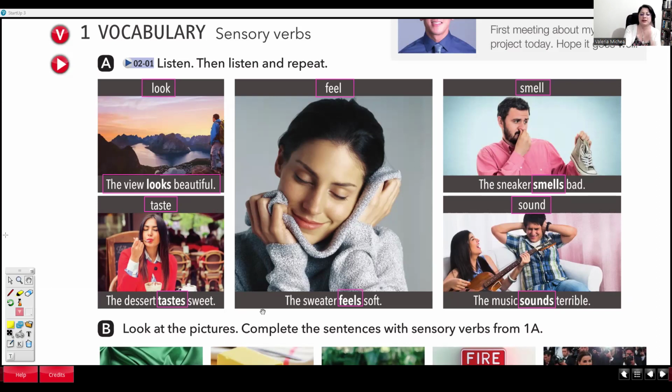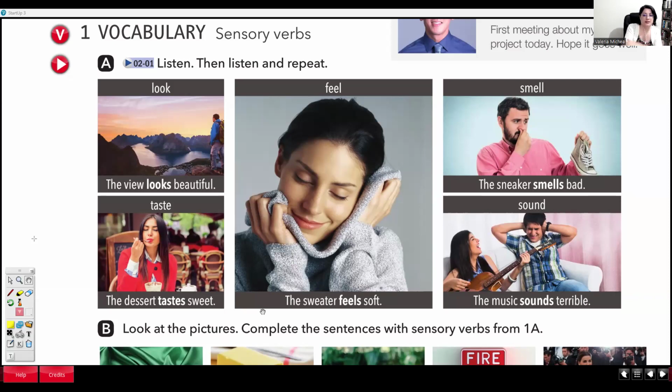Last class I told you that when we start learning English, or any language, I would say, we start describing things at a very basic level, like this house is big, only using one adjective. So the idea with this vocabulary is that you can improve your describing skills, and you can use more than one verb, which is the verb to be.